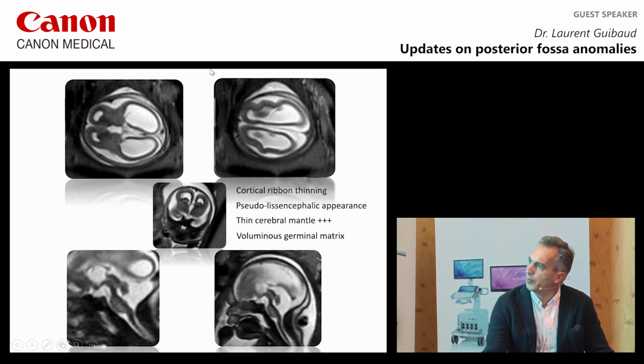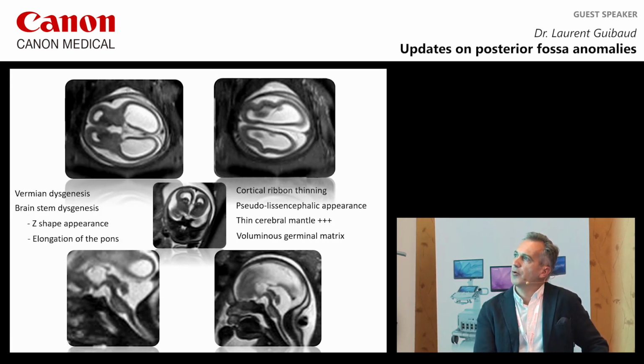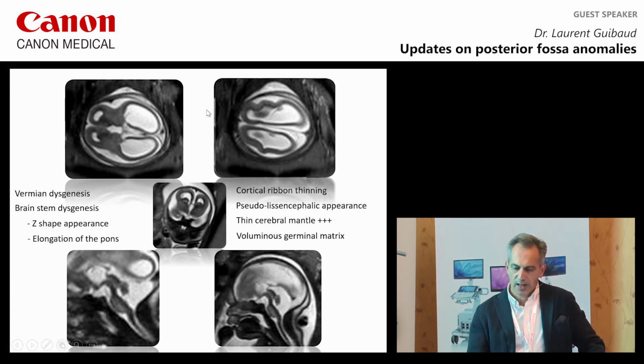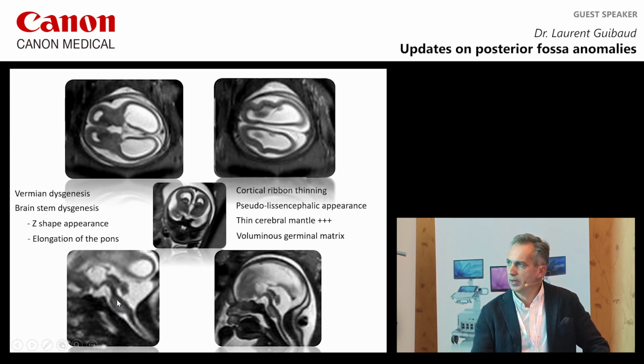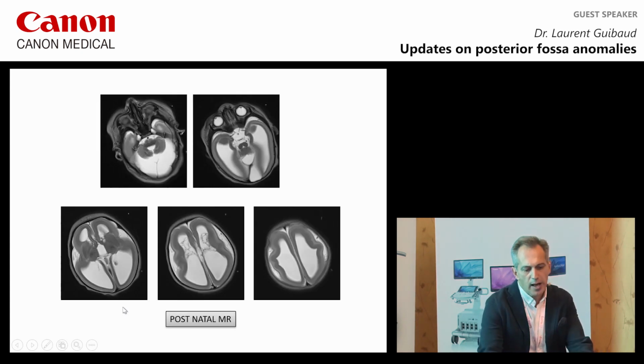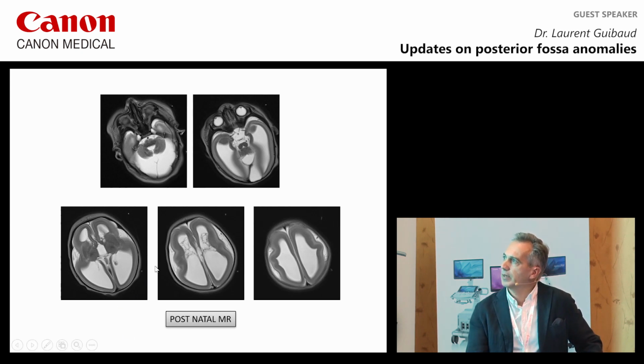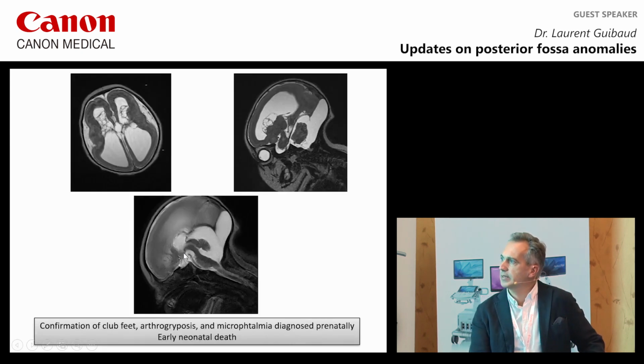If you look at the posterior fossa, there is vermis dysgenesis and brainstem dysgenesis with a Z-shaped appearance and typical elongation of the pons here. It's too long compared to normal. This is the postmortem MR. On the postmortem MR, there are, in fact, some cysts within the germinal matrix, these multiple germinolytic cysts.